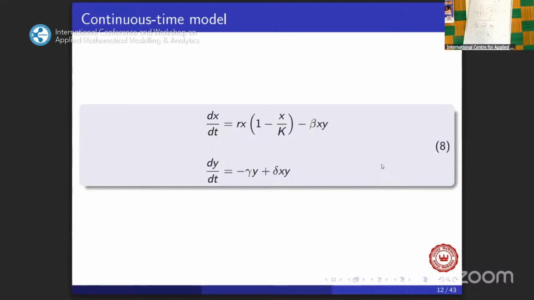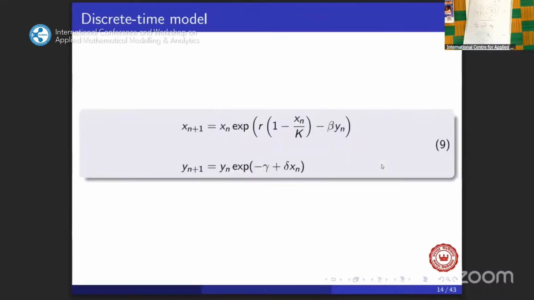Next. We have to change this into x_{n+1} as x_n times the exponential of this value, equation number 9. Now we find what will happen.